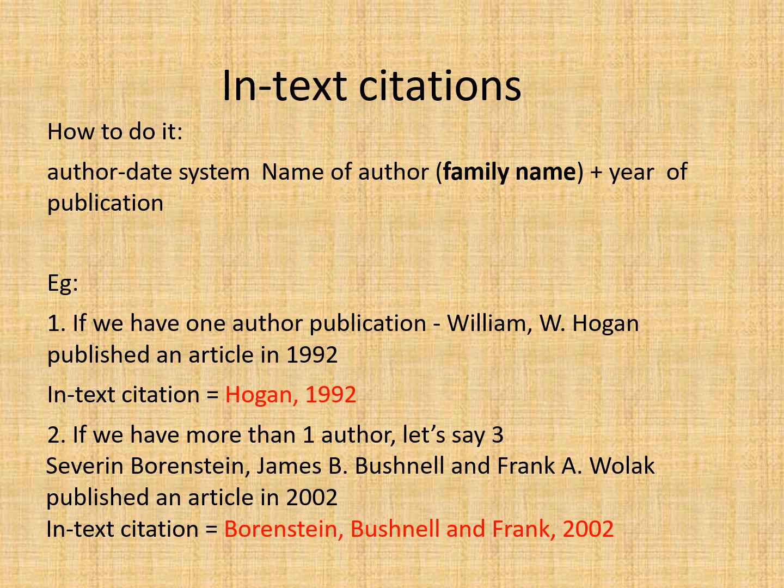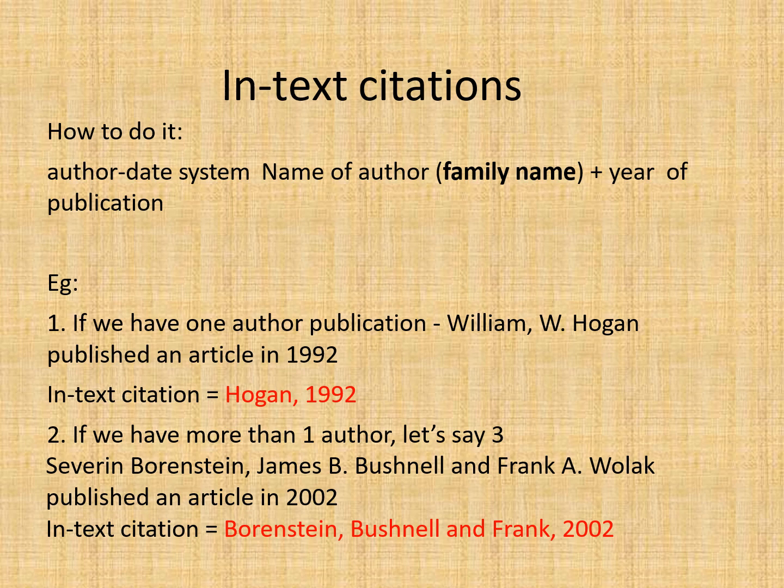If there are more than one name, the names used for the in-text citation must be in the order that they appear on the actual publication. So for example, if we have three names, Severin Borenstein, James B. Bushnell, and Frank A. Wolak, and they published an article in 2002, the in-text citation that we should have in our paper is Borenstein, Bushnell, and Wolak 2002.